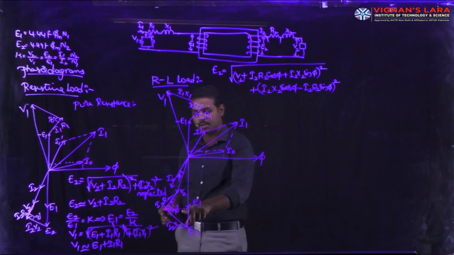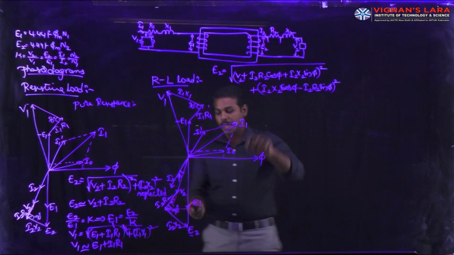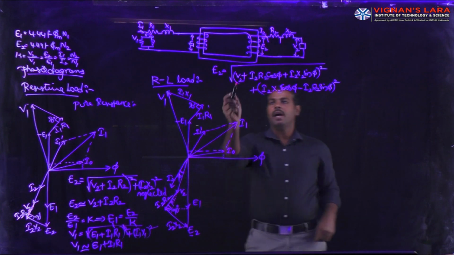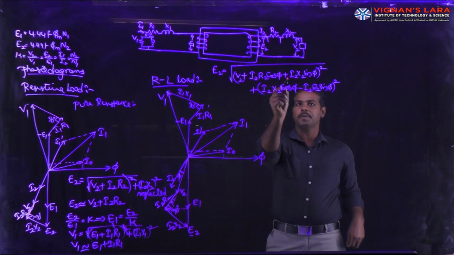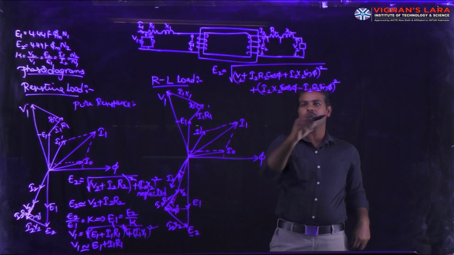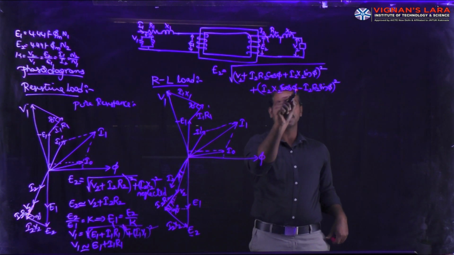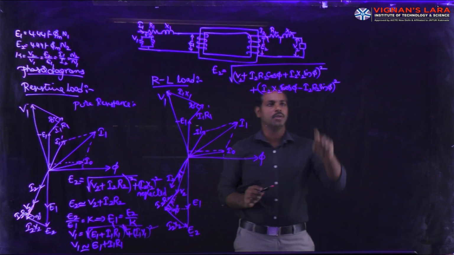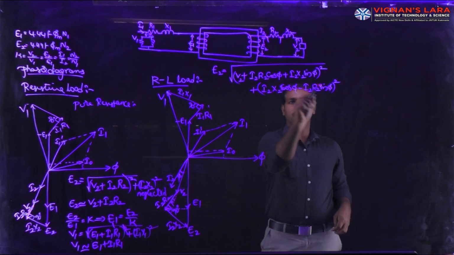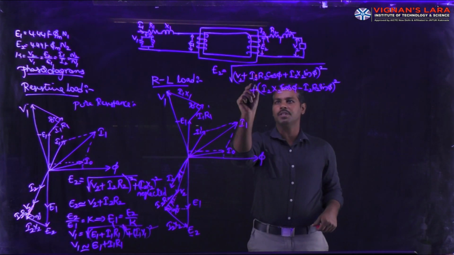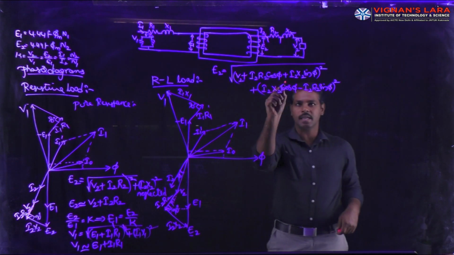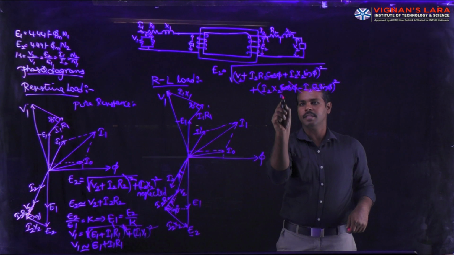Based on these two triangles, by simplification, V2 plus I2 R2 cos phi plus I2 X2 sin phi, whole squared, plus I2 X2 cos phi minus I2 R2 sin phi. The magnitude of the latter term is very small compared to the first because V2 is present. This term is to be neglected.